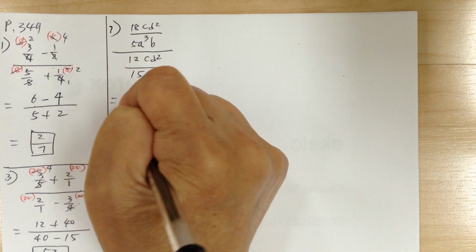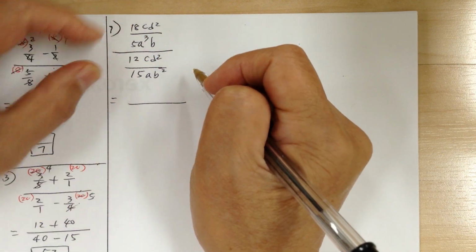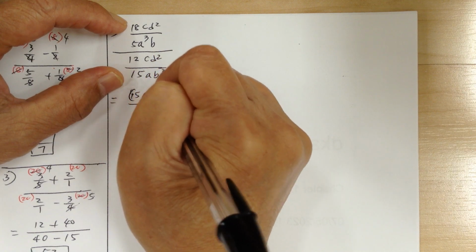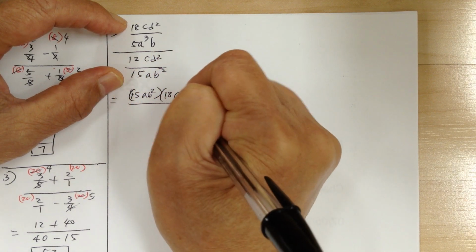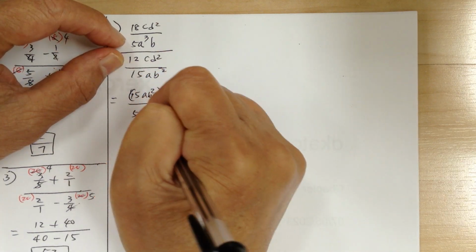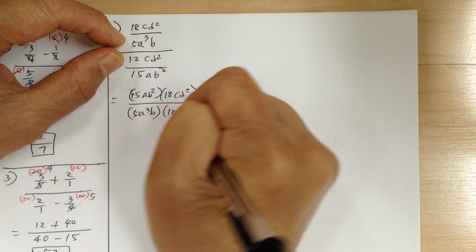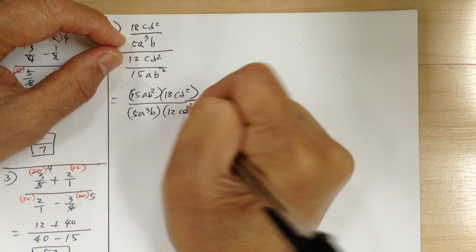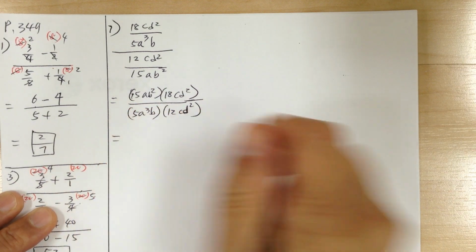Okay, so again you go and use the outer over inner, so outside goes on top. Outside over the inside. Okay, then after that, let's go and cancel things out.